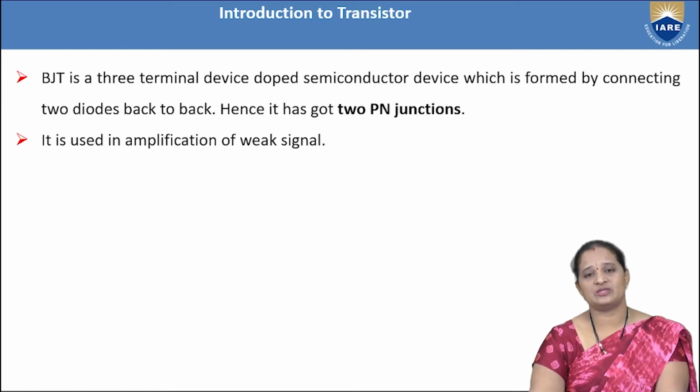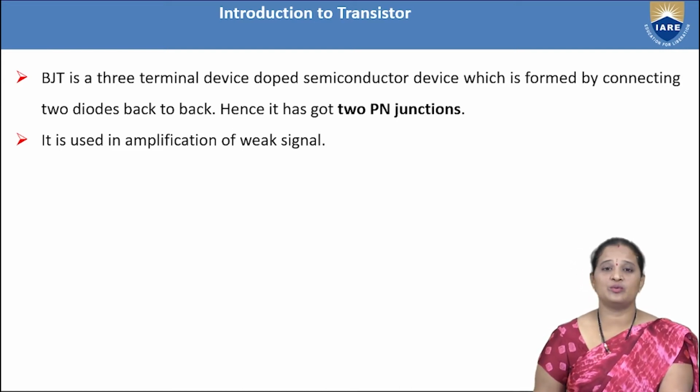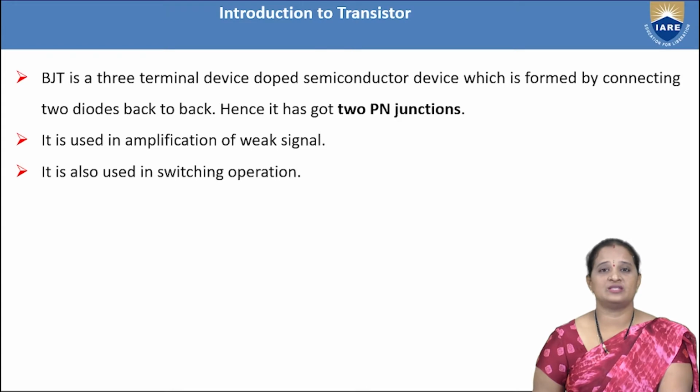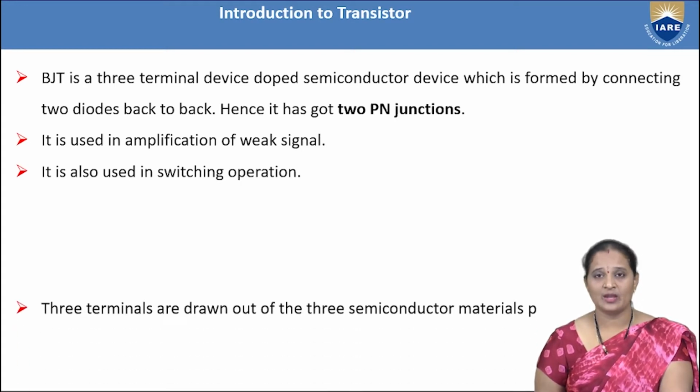The main purpose of the transistor is to amplify weak signals, and it is also used for switching operations. That means we can also use this transistor as a switch, which can be either on or off based on the region of operation.